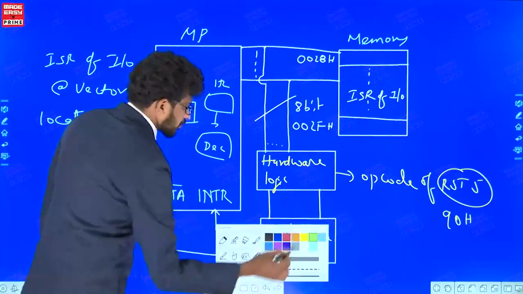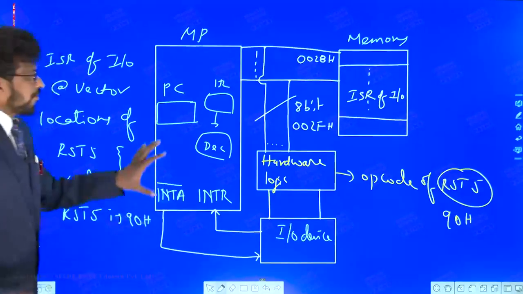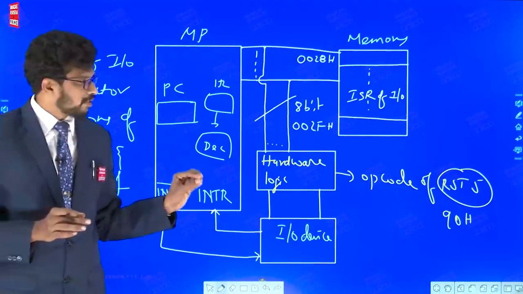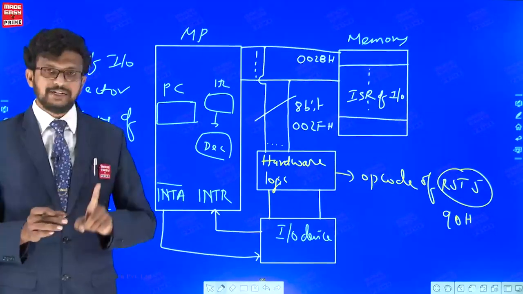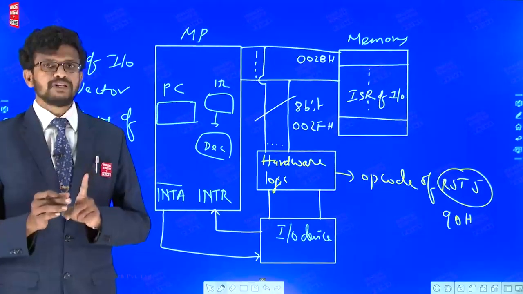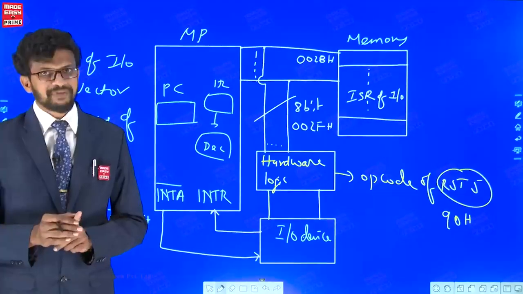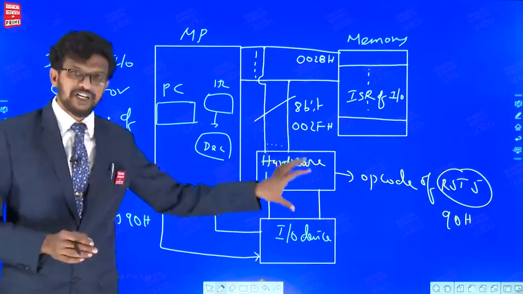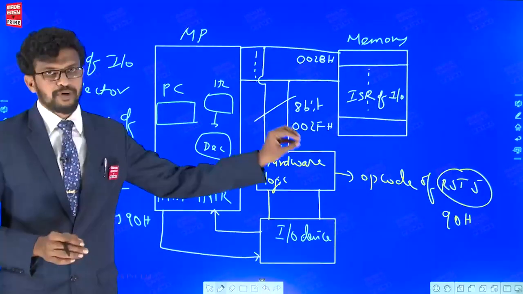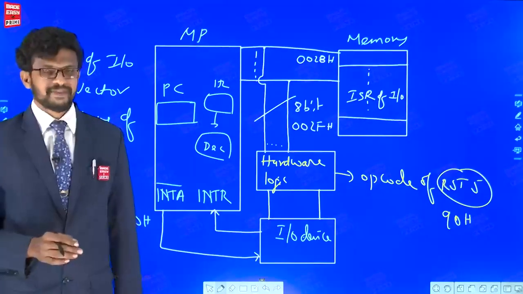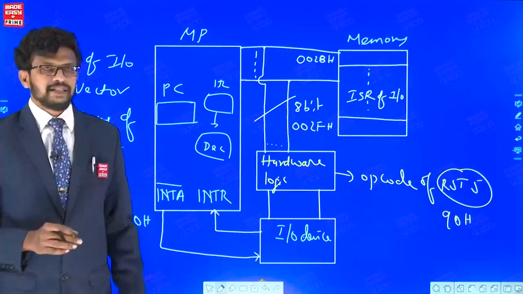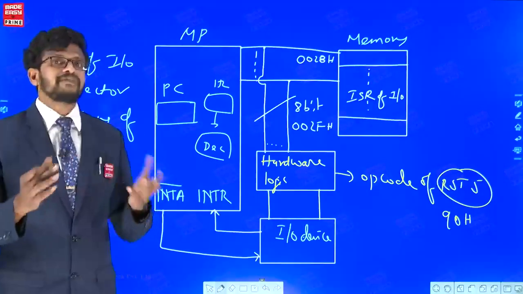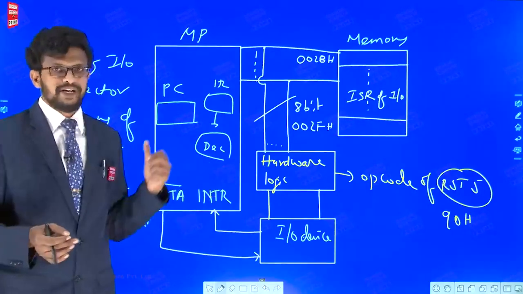Now, in order to use INTR, the programmer should first select one of the 8 software interrupts to store the ISR of the IO device, and one external hardware logic must be built to generate the opcode of the corresponding software instruction. The microprocessor's behavior is also different with respect to INTR.